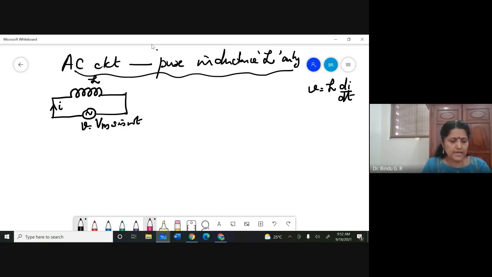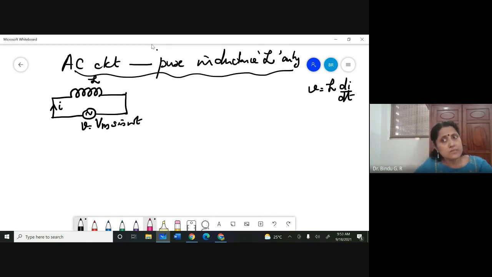And this back EMF at any instant opposes the very cause producing it, our old Lenz's law. Which means that you don't have an ohmic drop, a resistive drop is not there, whereas always this inductance, all of you should note this point, this inductance in an AC circuit always opposes the very cause producing it.